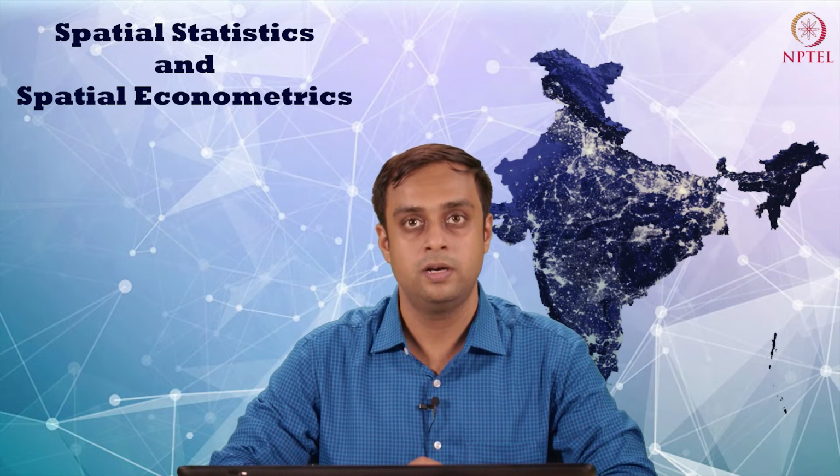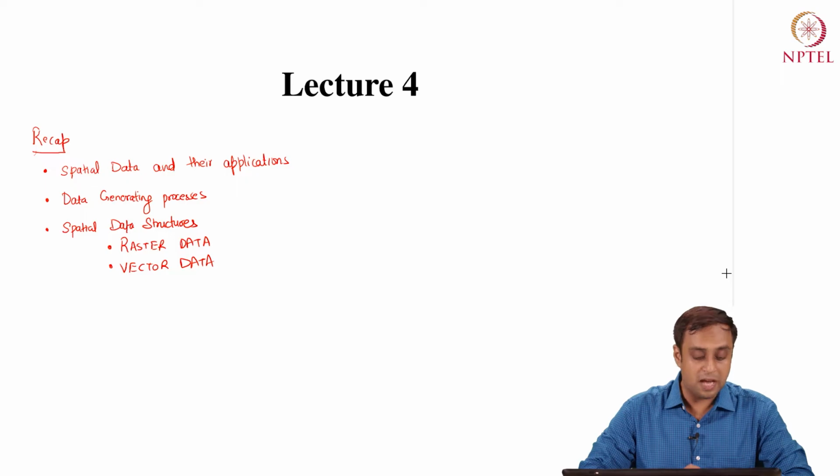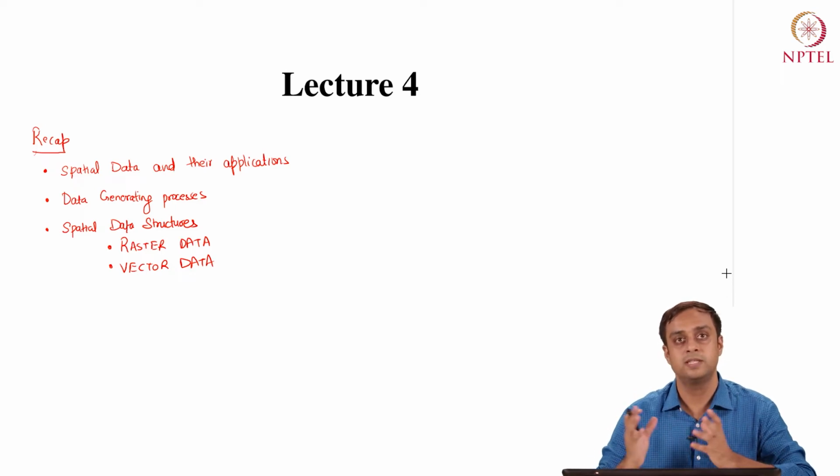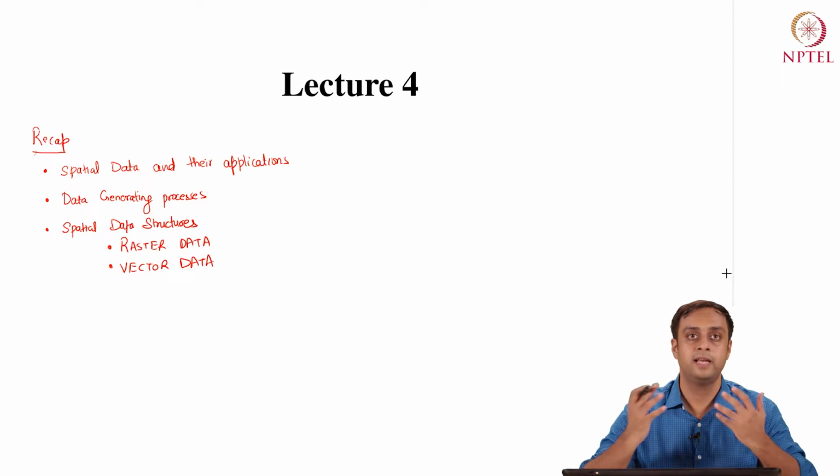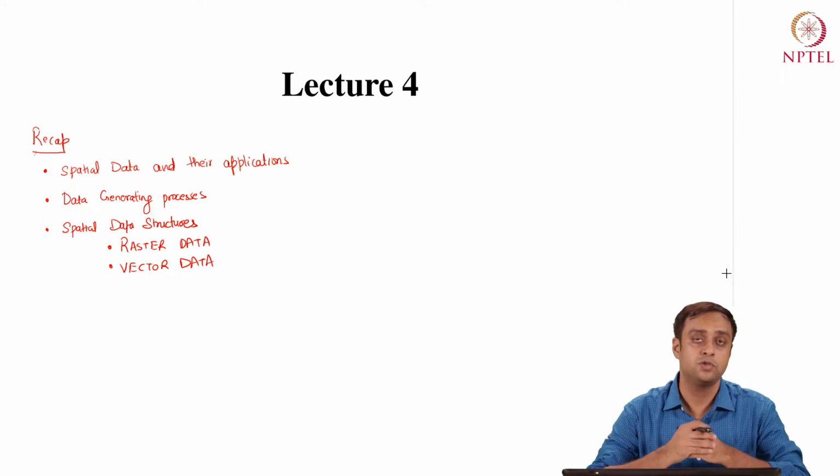So till now we have seen a lot of spatial data and their applications in different domains, which gives us an understanding of how widely applicable these data are as of today. We have looked at the data generating process, which is specifically the remote sensing technology, the satellite sensor technology, and so on and so forth.